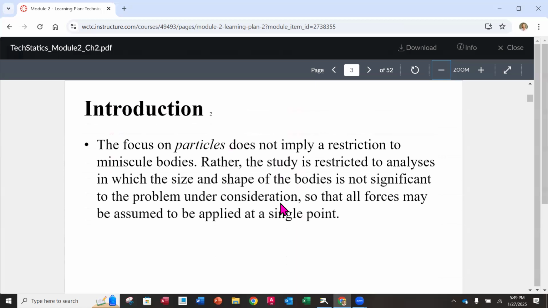So first of all, when we talk about a particle. The only reason they use this verbiage in this book is because they don't want you to worry about how much something weighs or what material it's made of. They're looking at it as just a particle of something, not an entire body.